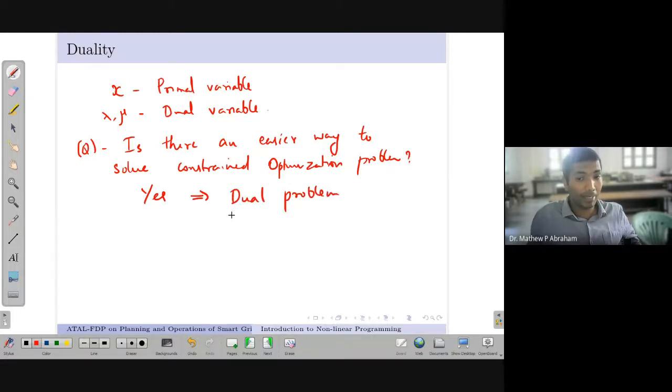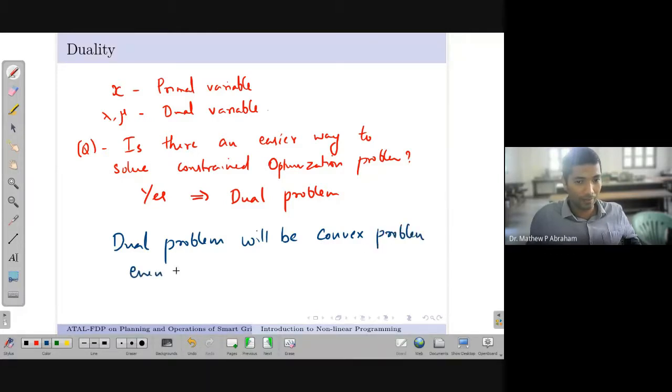Why is the dual problem easier to solve? The reason is, this is very, very important, that the dual problem will be, I am stressing, convex. The dual problem will always be a convex problem, even if the primal problem is not convex.